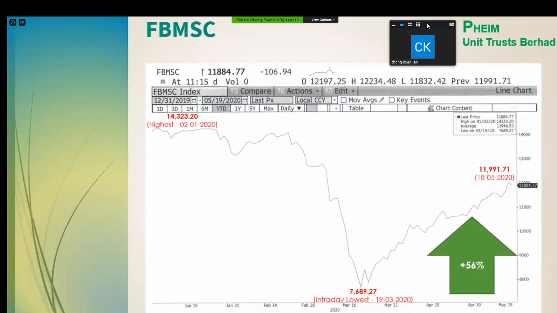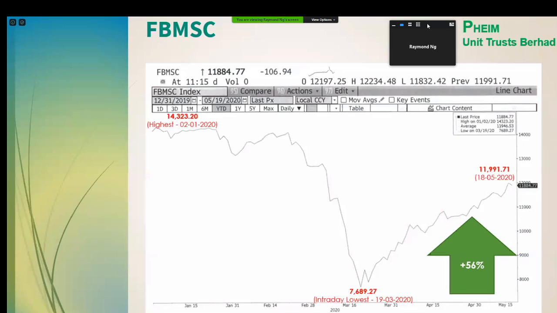The next slide is our small cap index. Looking at the trend, it is quite similar to Dow Jones. The highest point was in January at 14,323.20, and it went all the way down to 7,689.27 at the lowest on 19 March, and it rebounded 56% to the latest 18 May at 11,991.71.